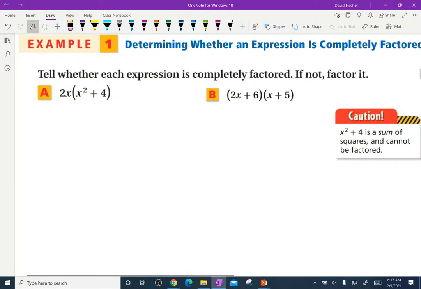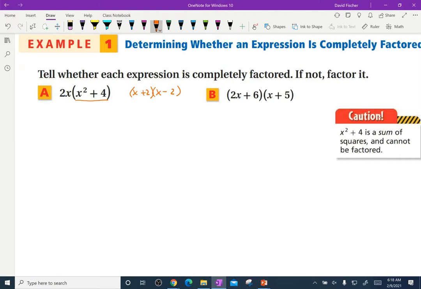First of all, we want to see if there's anything that can be factored here. They already factored out a 2x, and they want to know, did we factor it? Are we done? I'm looking at this one, and I want to think about, is that a perfect square? If I did an x times an x, can I get a 4 and my middle terms go away with both of these being positive? Well, if I did two negatives, that would be a positive 4, but I'd have a minus 4x in the middle if I did FOIL.